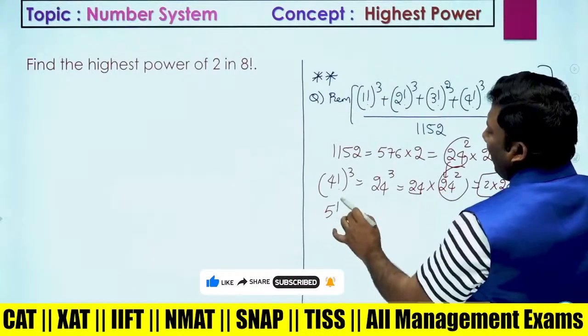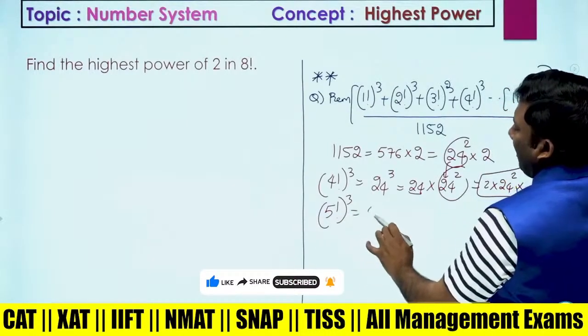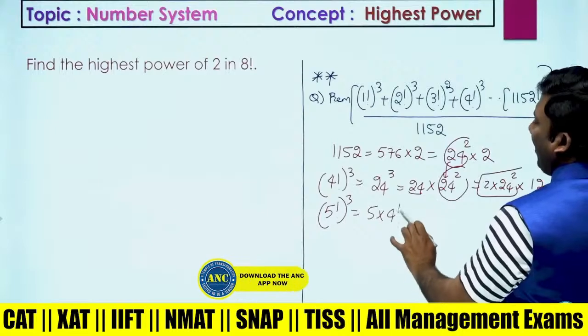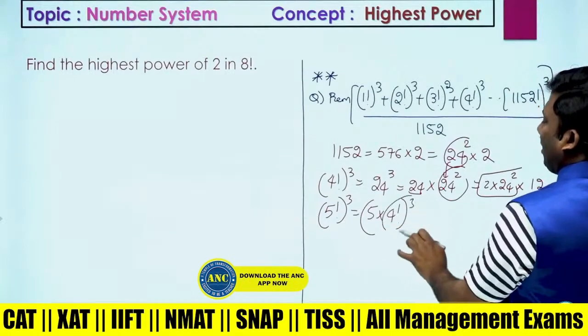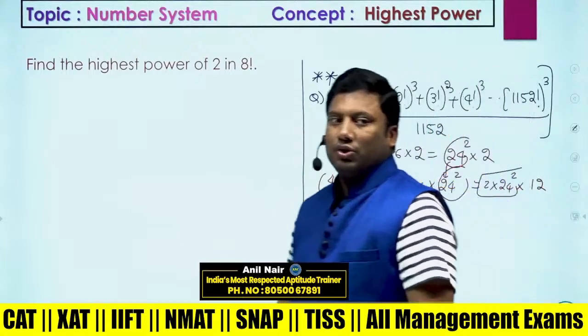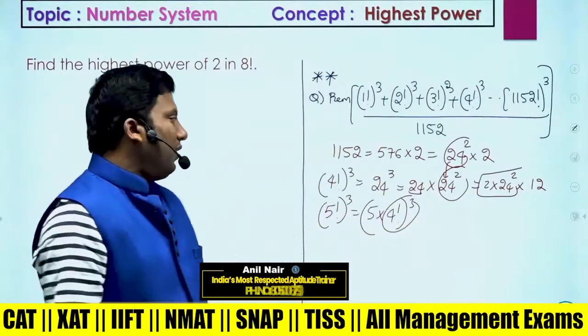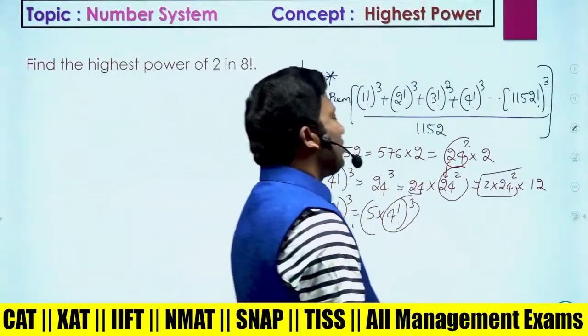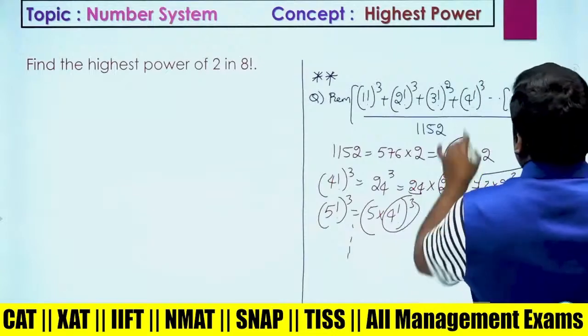If it is 5 factorial whole cube, it is 5 into 4 factorial whole cube, and 4 factorial whole cube is divisible by 24 square into 2. And so on, the process continues.